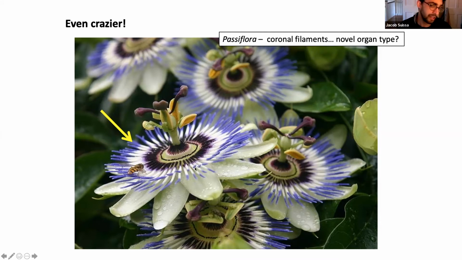Now, the thing with passion fruit, or Passiflora, is that it has this thing termed the corona, but let me talk about that last. First you have this really interesting stalk-like structure. So you might ask, what is going on here?